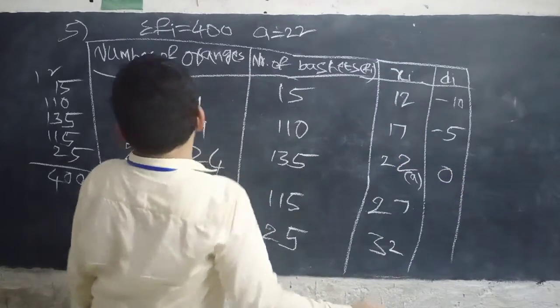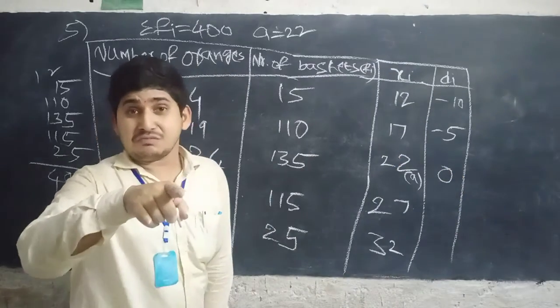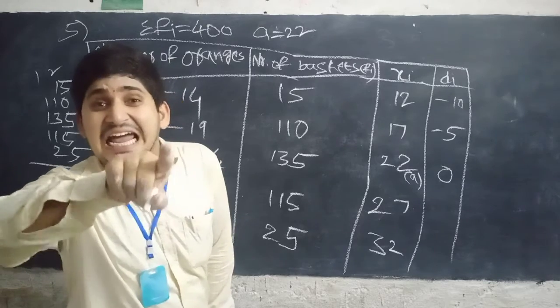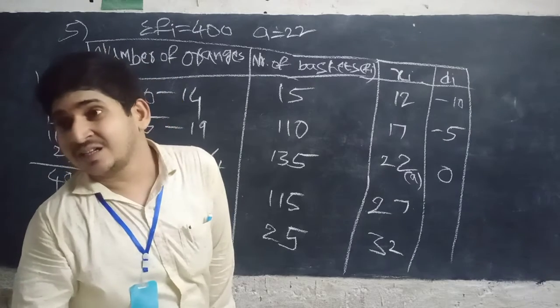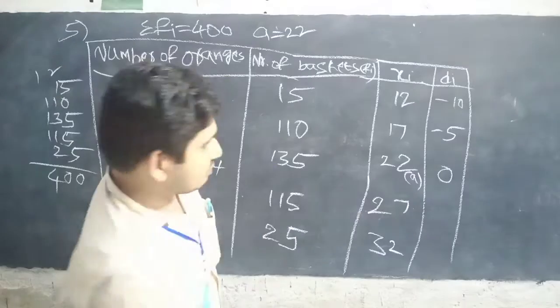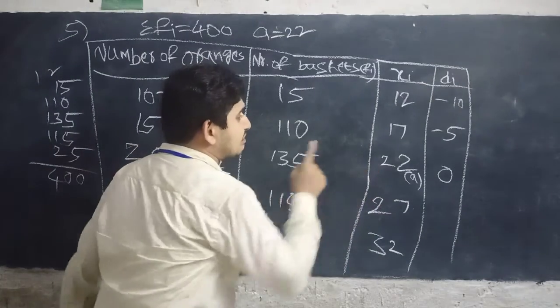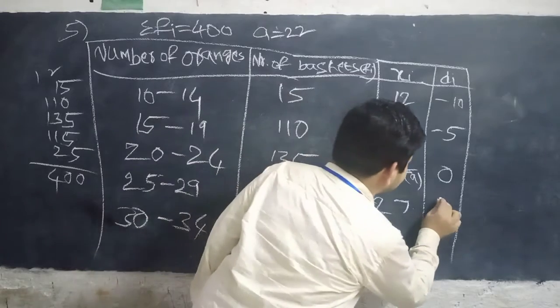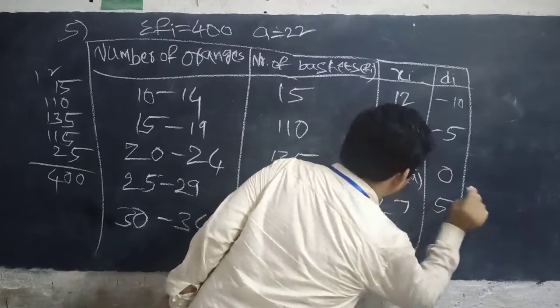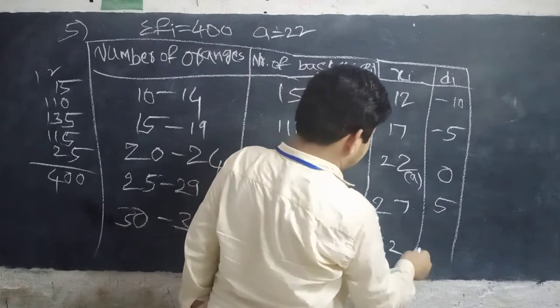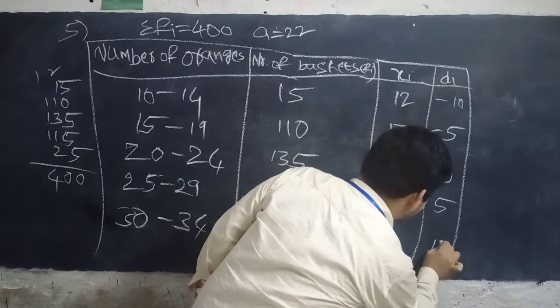I told you already in the previous problem that dA equal to Xi minus A. So 22 minus 22 equal 0. Now, 27 minus 22 equal to 5. Now, 32 minus 22 equal 10.